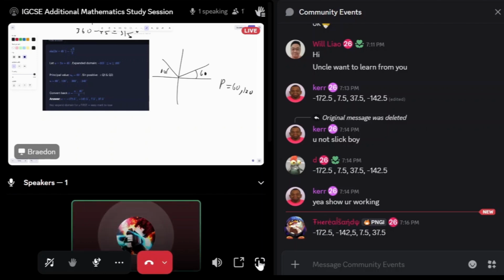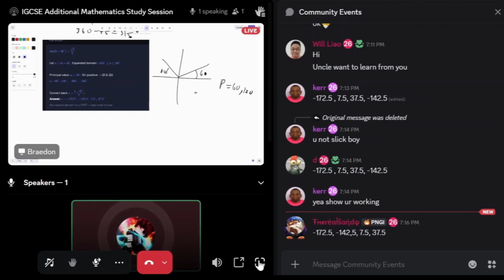The expanded domain goes up to 405, right? 360 plus 60 equals 420. Since 420 is more than 405, this answer is rejected, a full circle plus the principal value again. So it's good to check that. In case the domain is like 425, then you have 5 answers instead.